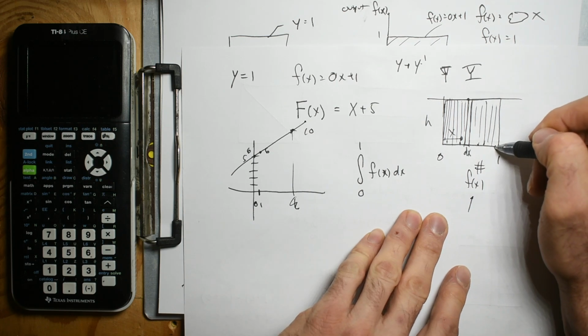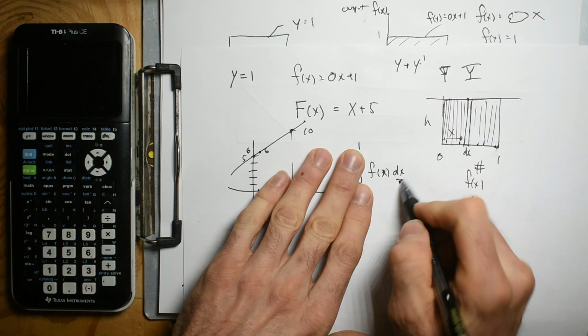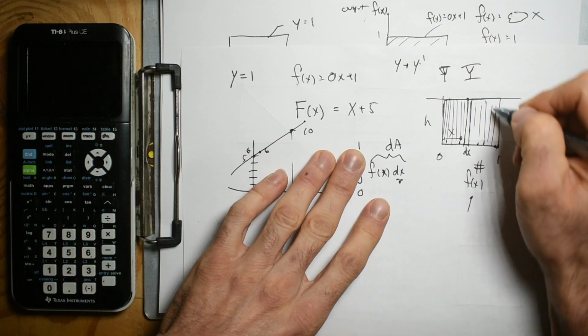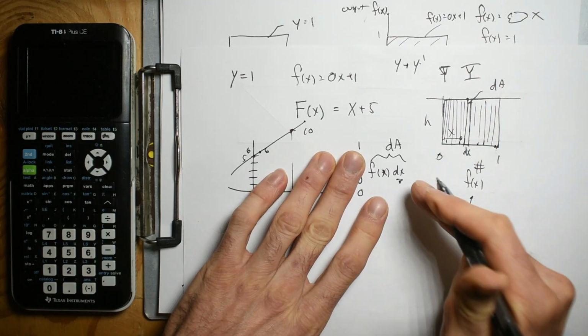That's one of them. So this is the area. This is dA. This is the area of one slice.